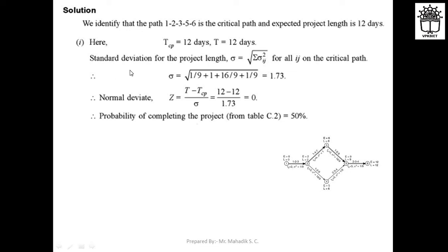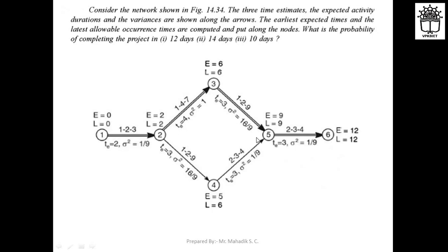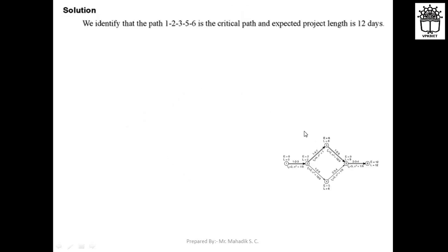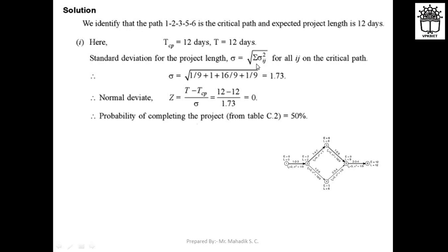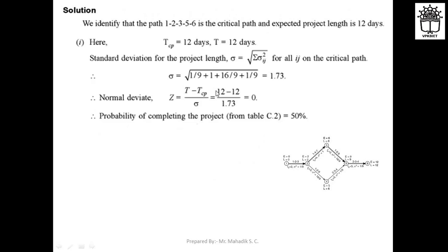Now let us calculate the standard deviation, that is sigma. The standard deviation for the project length, that means for this path 1, 2, 3, 5, 6, will be the square root of the summation of all the variances, that is the summation of sigma ij square. So sigma is equal to the square root of 1 by 9 plus 1 plus 16 by 9 plus 1 by 9.